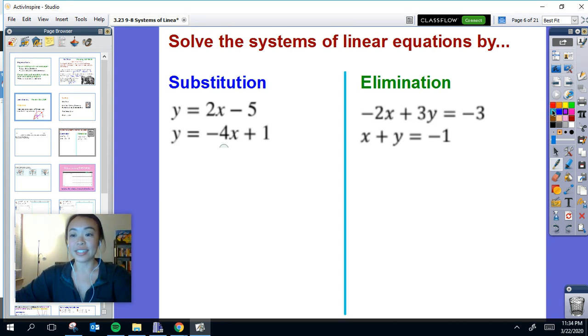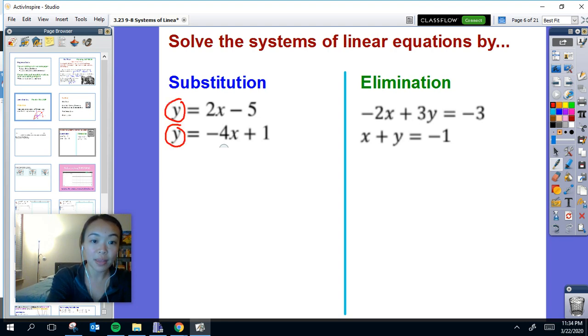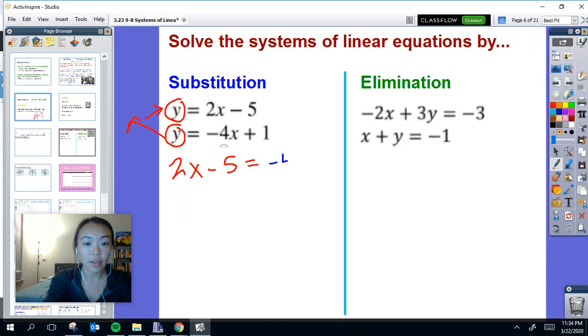All right, your answer. Substitution is when I take two values that are the same and I take one out and I put one in. So since these are both y, I can set them equal to each other. On one side, I have 2x minus 5, and because y equals y, I substitute the y for what it's equivalent to.